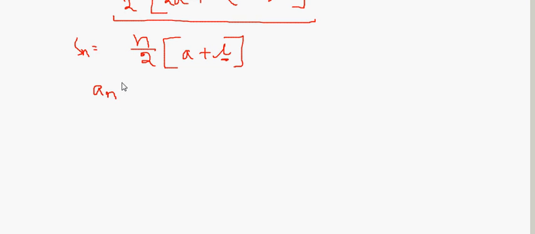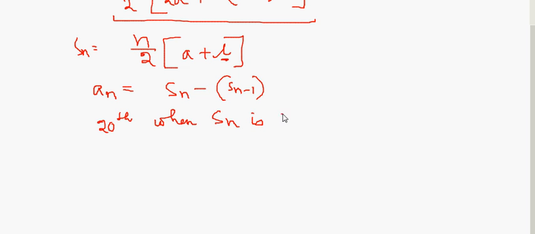Any an can be calculated as the sum of the nth term minus the sum of n minus 1 terms as well. For example, suppose I have to find the 20th term when Sn is given. In such a case, A20 can be calculated by using the formula S20 minus S19.